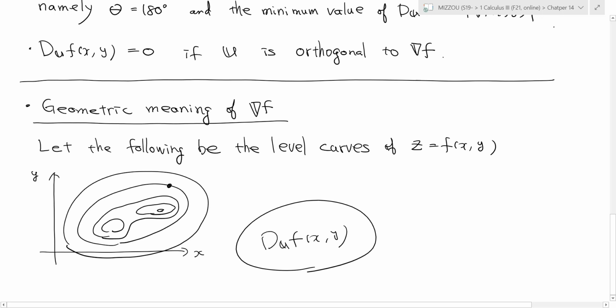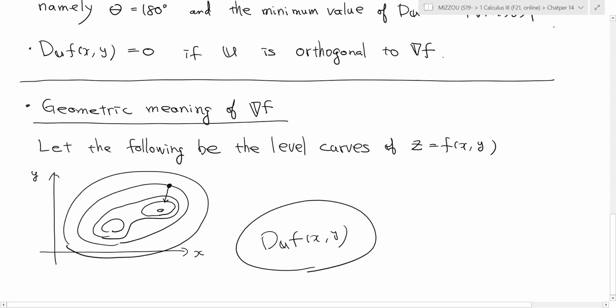So suppose you are standing here and you look at all the possible directions, and the steepest direction is of course the direction directly pointing to the summit, like this way. If you look at the summit directly, that's the steepest direction, right?